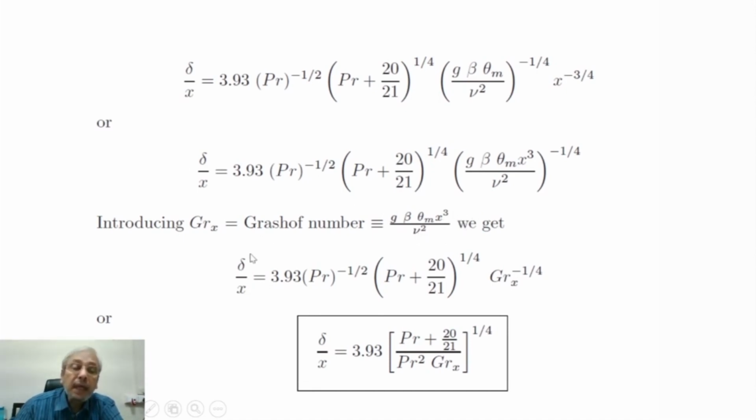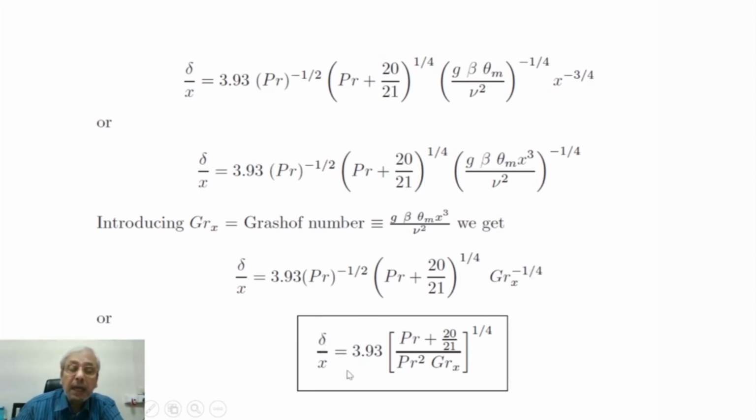So we can get delta by x equal to 3.93 Prandtl number to the power minus half, Prandtl number plus 20 by 21 to the power 1 by 4, and Grashof number to the power minus 1 by 4.